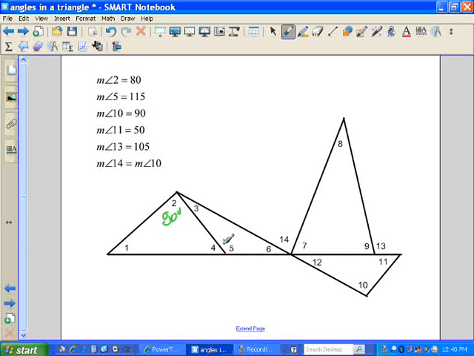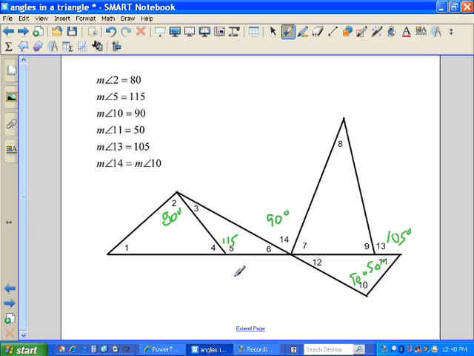Angle 5 is 115 degrees. Angle 10 is 90, and again, don't get caught up by it doesn't look like this, or it looks like it is this, or what have you. Angle 11 over here is 50 degrees. Angle 13 is 105 degrees. And lastly, angle 14 is equal to angle 10, so angle 14 is 90 because angle 10 is also 90.